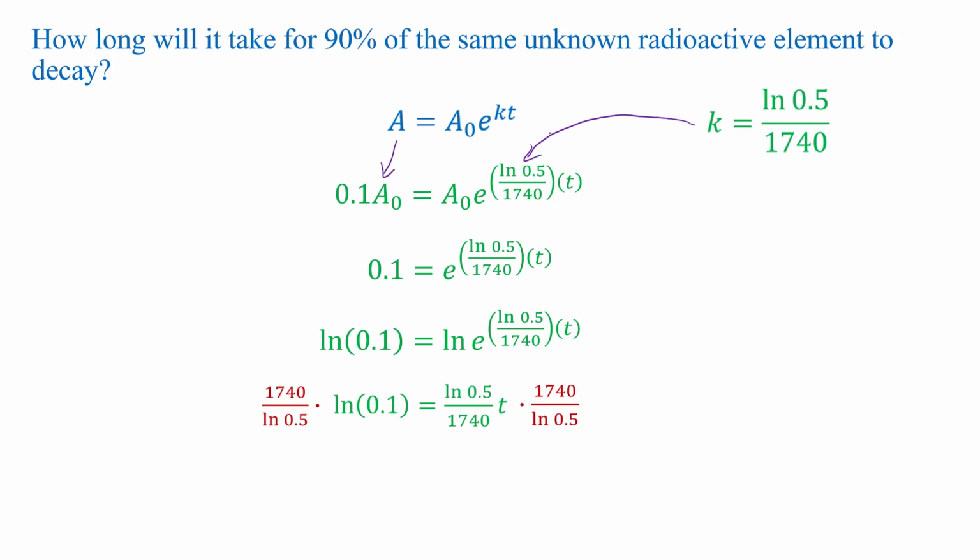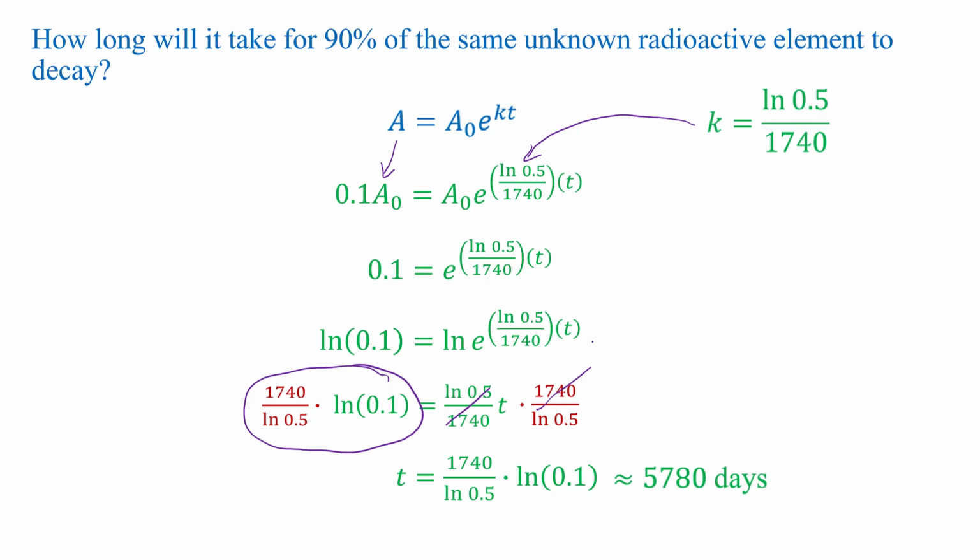I multiply both sides of the equation by 1740/ln(0.5) and simplify to get t = 1740/ln(0.5) times ln(0.1), which we plug into a calculator and get an approximate value of 5,780 days, which is the time for 90% of the radioactive element to decay.